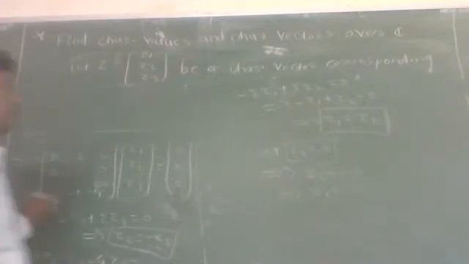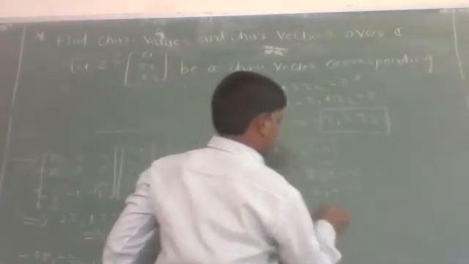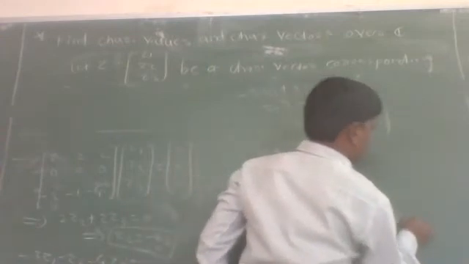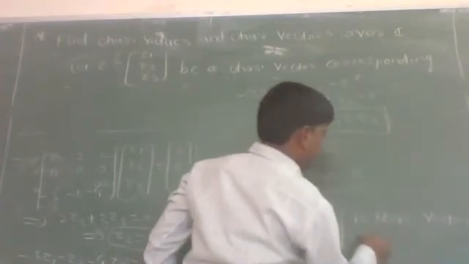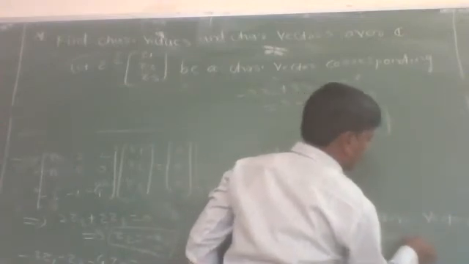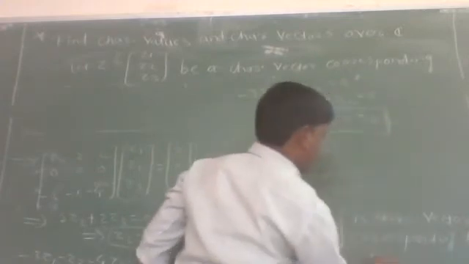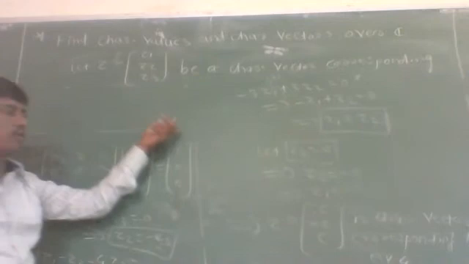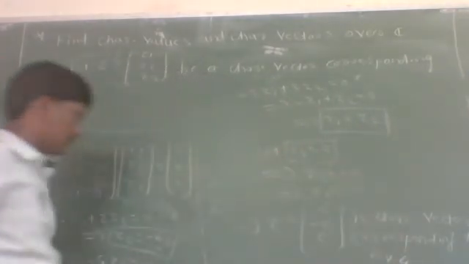So from this, z equal to minus c, minus c, c is the characteristic vector corresponding to eigenvalue 4, and hence here we have found out the characteristic vectors corresponding to all the eigenvalues 1, 2 and 4. Okay.